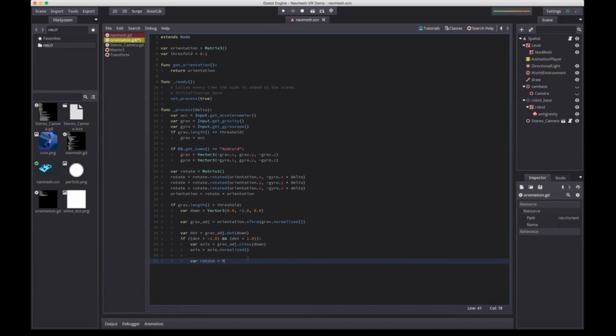We're going to start with another rotation matrix, and this one we want to rotate around the axis that we just calculated, and we want to take the acos of our dot value, which gives us the angle in radians that these two vectors are rotated to each other.